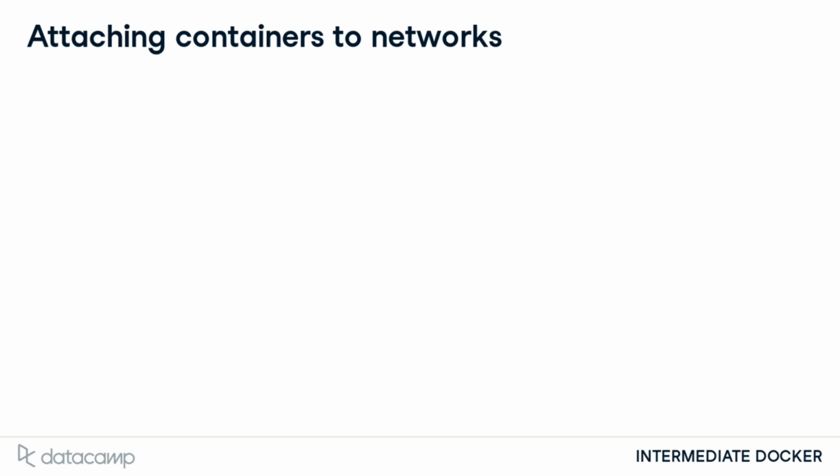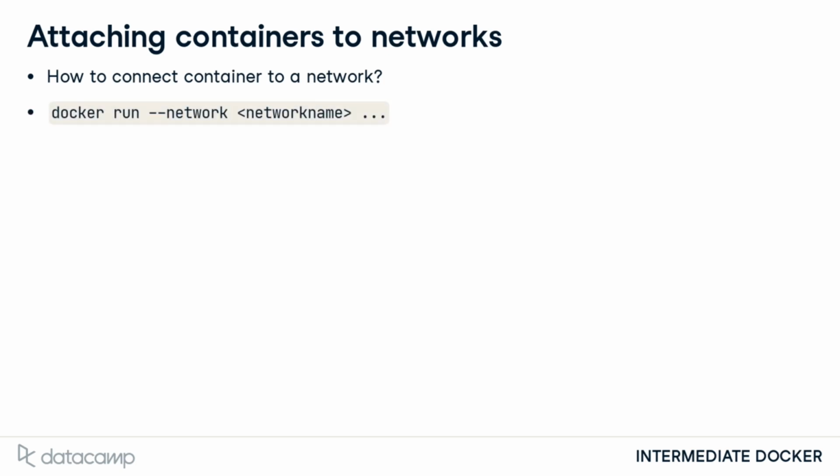You may wonder how to connect a container to a given network. There are 2 methods available depending on your needs. The first is using docker run with a new flag, --network, and the network name. For example, we can create a container with the docker run --network mynetwork ubuntu bash.